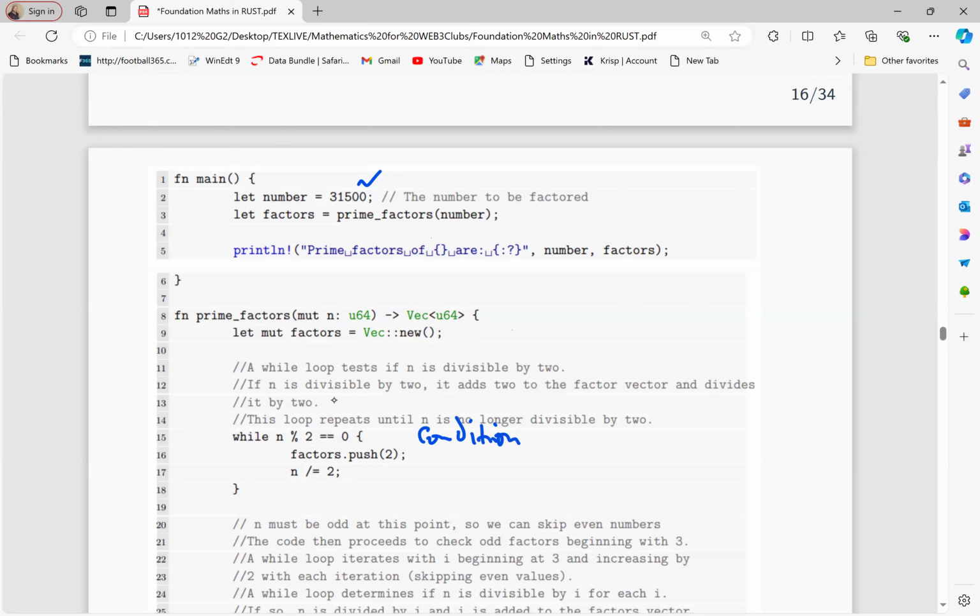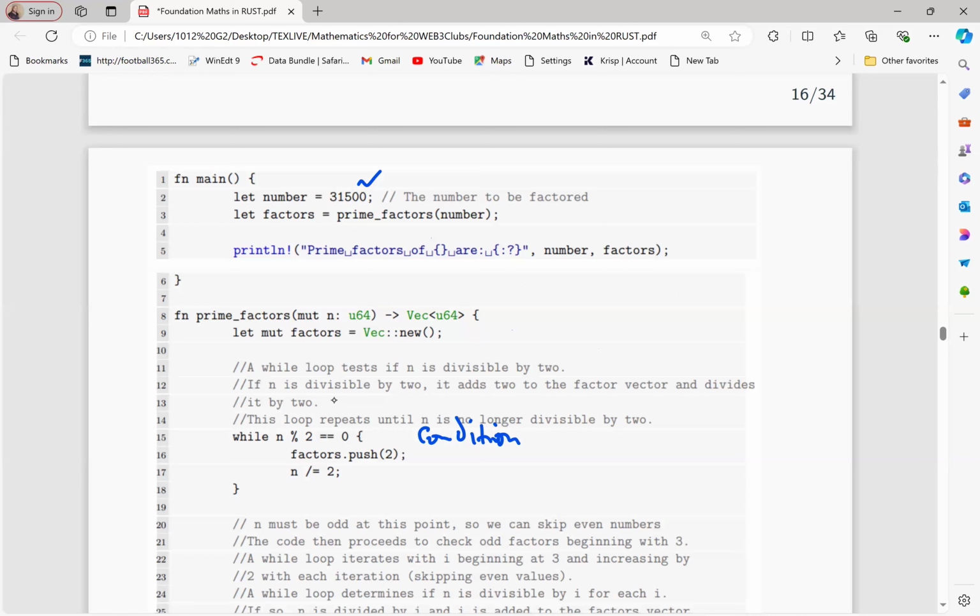So the while loop means that this thing will be happening repeatedly. That's how I can explain the use of the word loop. It's not something that happens once; it is something that is repeating itself.